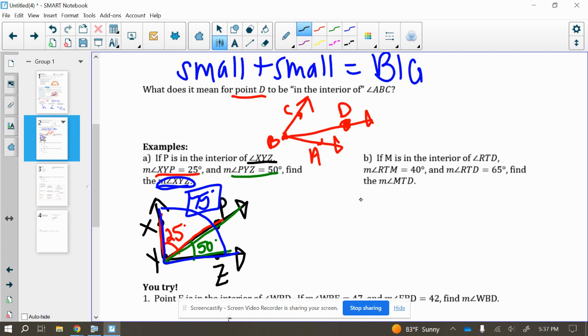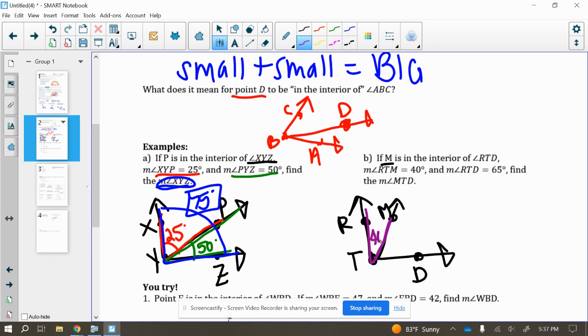Now, a picture, again, is important if we look at our next example, RTD, because M is on the interior this time. So we have point M somewhere inside. RTM is 40.